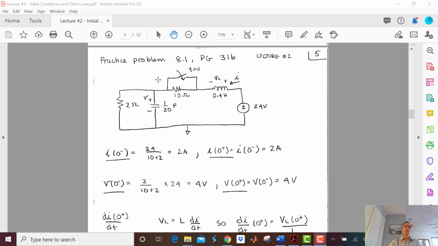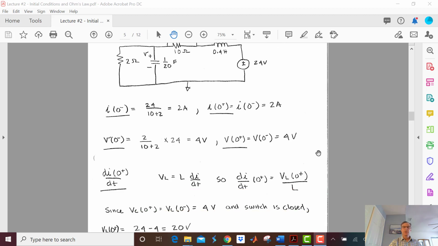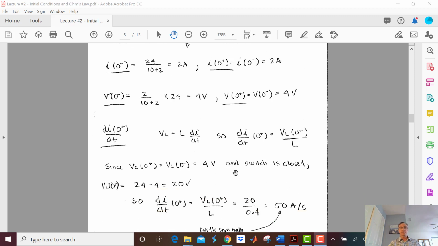At t equals 0 plus, I have 4 volts here. The switch closes, and this is a voltage source. So the voltage across the inductor is going to be 24 minus 4, which is 20 volts. So I'm going to put my 20 right here for V sub L at 0 plus, divided by L, and I have my answer.